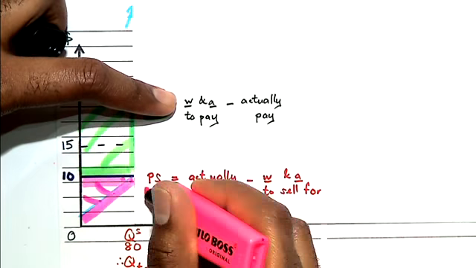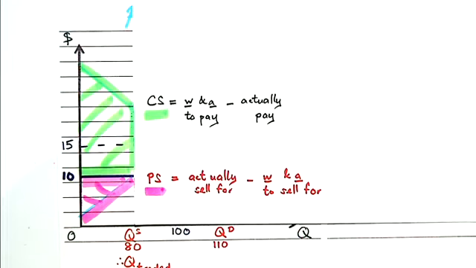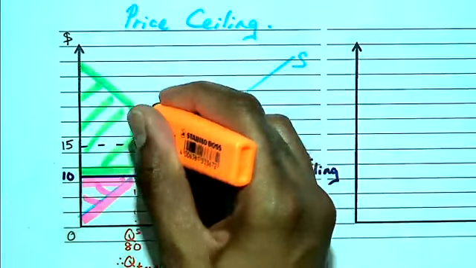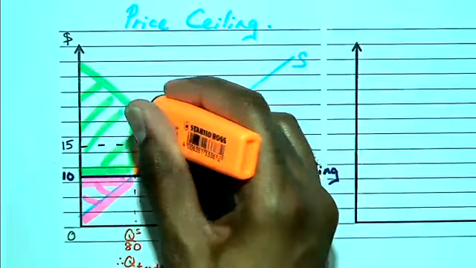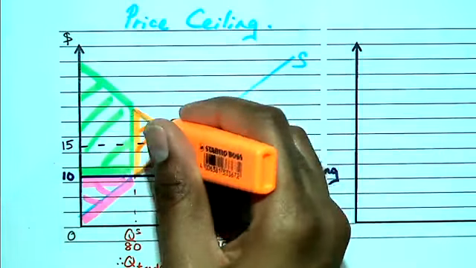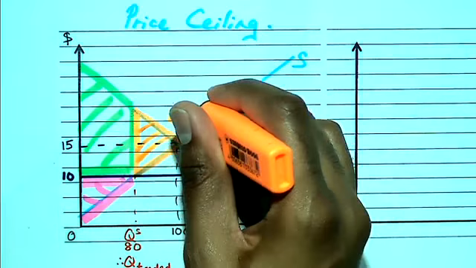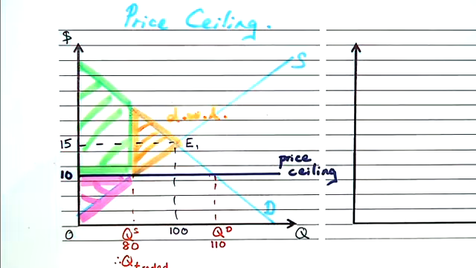So that area represents producer surplus. So everything that we don't get, the area we miss out on, is our famous deadweight loss. Everything we miss out on is deadweight loss.